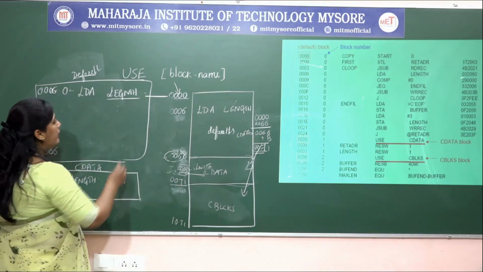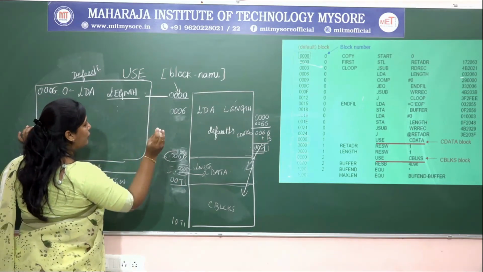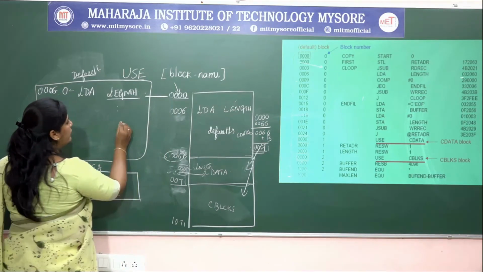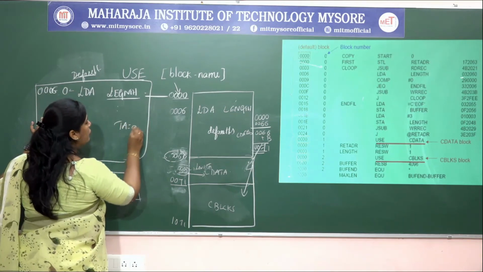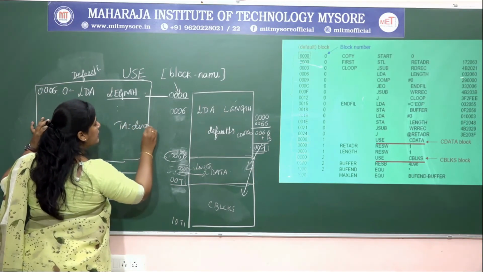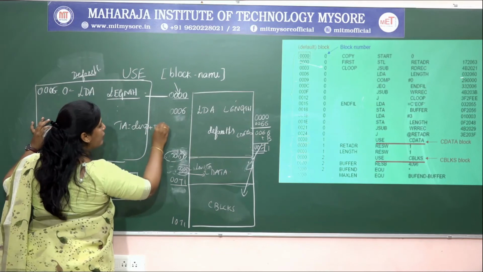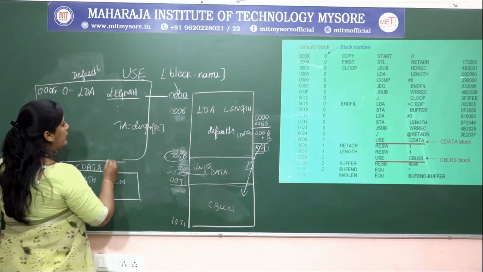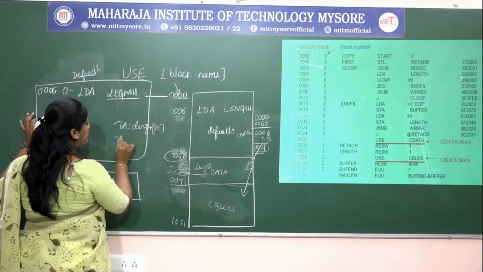So to get an address for this, how is it going to calculate? It has to find the target address, which is equal to displacement plus the program counter value. Displacement plus the program counter value, I want to find the target address here.